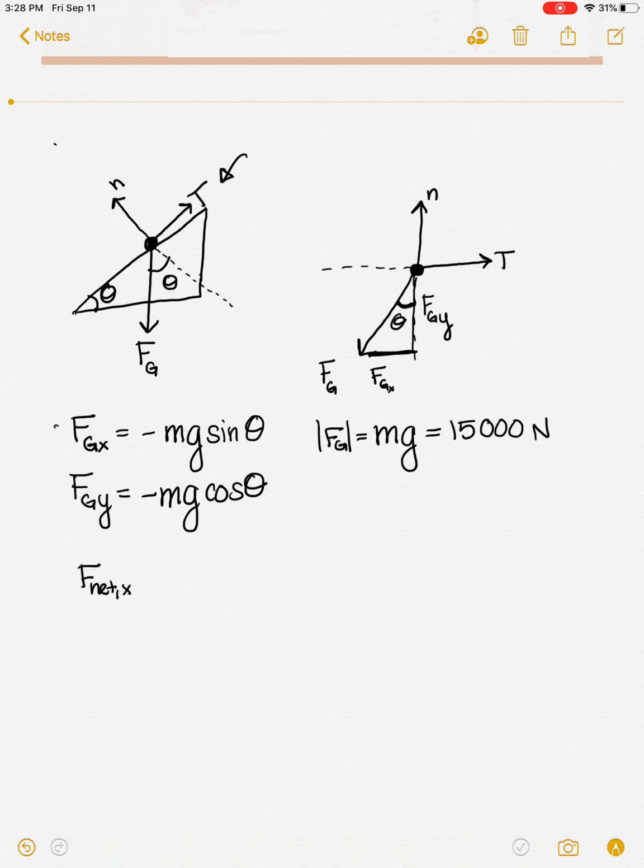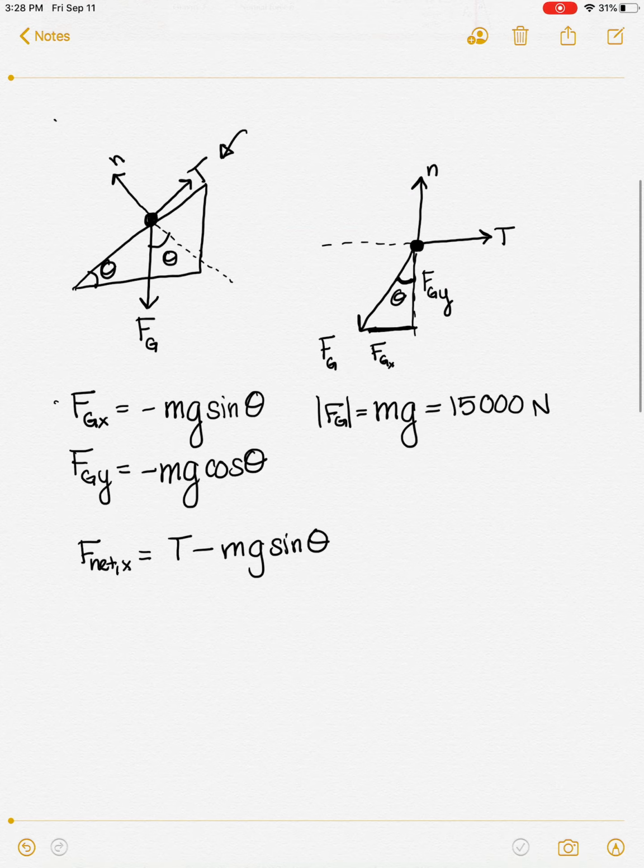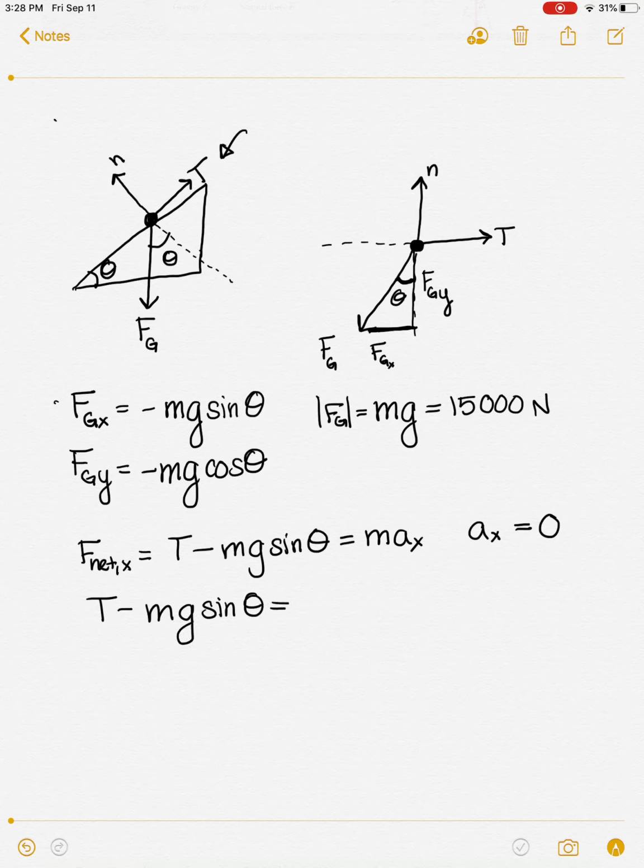So we have F net x is going to be equal to the tension minus mg sine theta. We see that this car is moving up at a constant velocity, so F net x is equal to max. In this case, since we have a constant velocity, ax is 0. So then our equation is T minus mg sine theta equals 0.